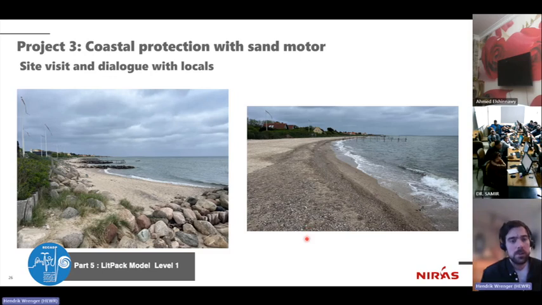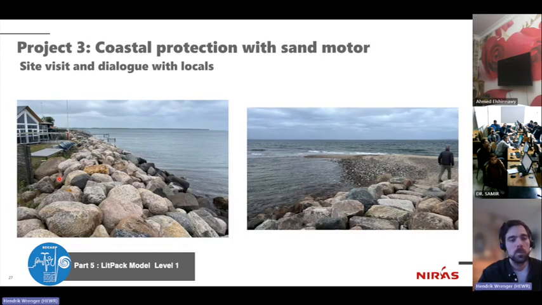The first step was a site visit and a dialogue with the locals. As I already mentioned, it's a very crucial component in this project, and you can see there are a lot of small structures along the entire beach. There are some revetments with stones, not hard engineering structures of concrete, but there has been a lot of activity already in the past, driven by the locals trying to do some protection. At some locations it goes all the way to the waterline.